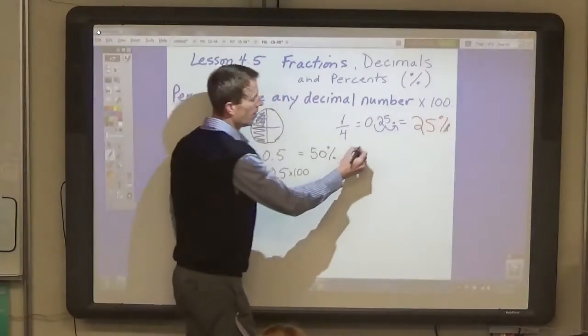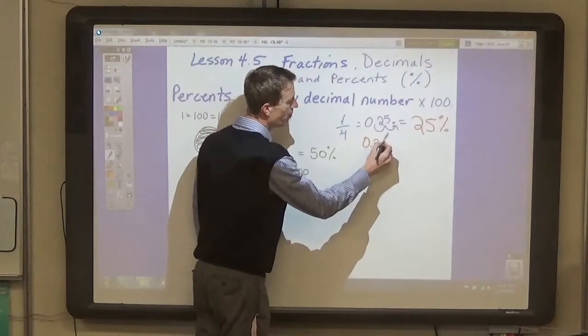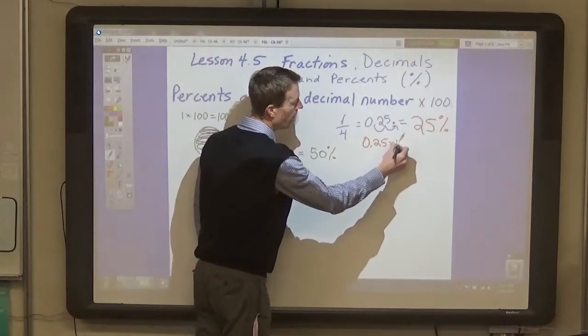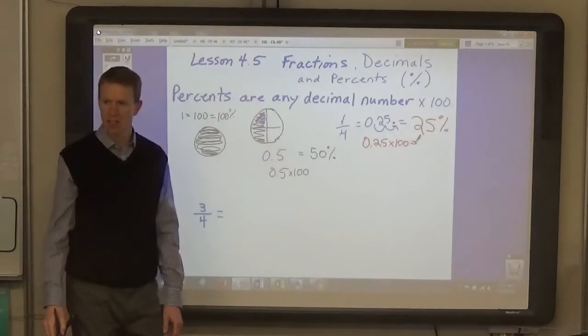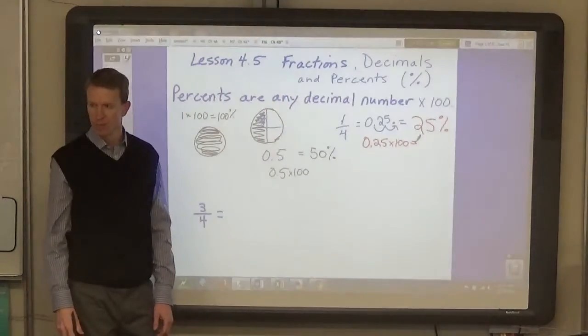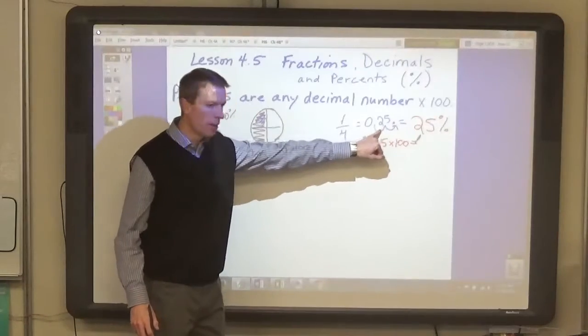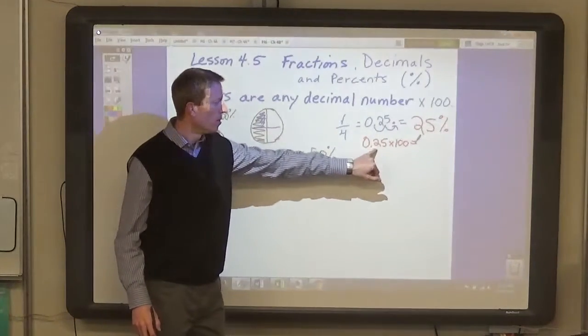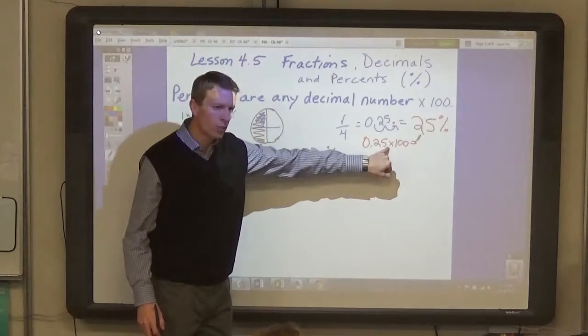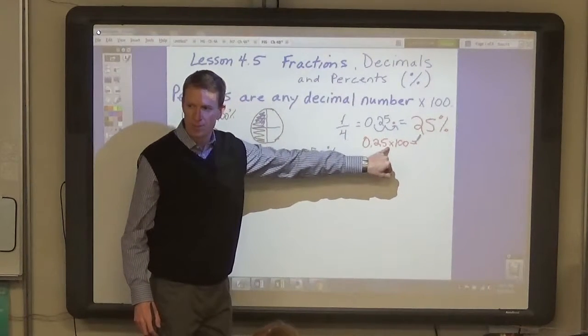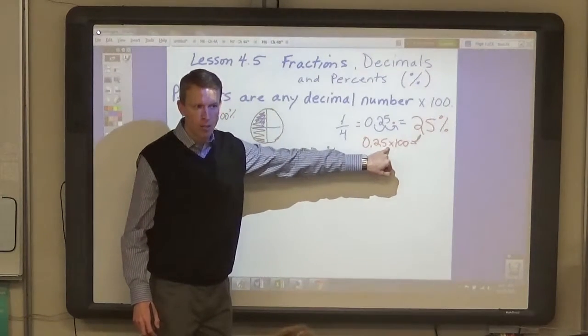Okay? 0.25 times 100 equals 25%. So multiplying any decimal number by 100 is the same as moving the decimal place over 2 places to the right. Okay, so that's multiplying by 100.